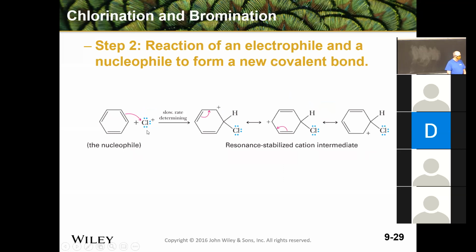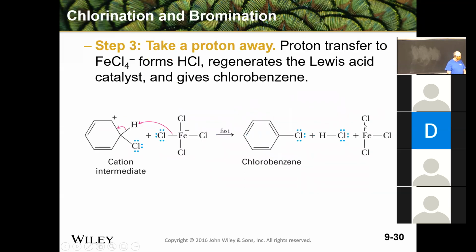The benzene ring attacks the electrophile. We get a resonance stabilized intermediate. And then FeCl4 minus dissociates, a chloride pulls away, grabs that hydrogen. This pair of electrons then moves toward the plus charge, restoring the benzene ring.